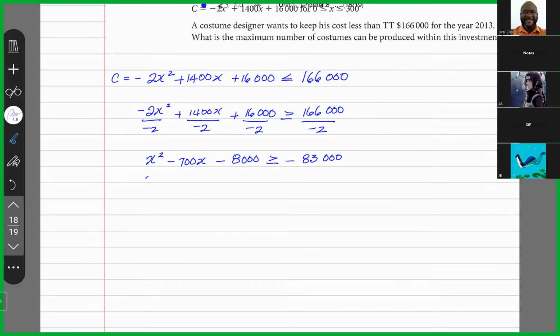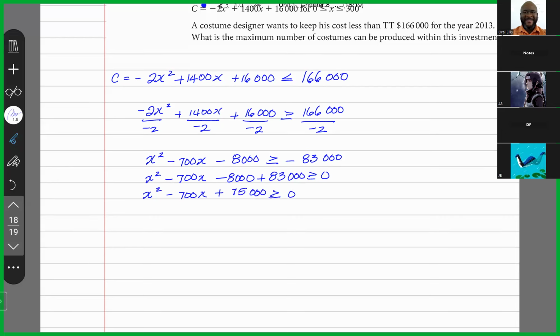So x squared minus 700x minus 8,000 plus 83,000 is greater than or equal to 0. So I have x squared minus 700x plus, I think this is 75,000, is greater than or equal to 0.